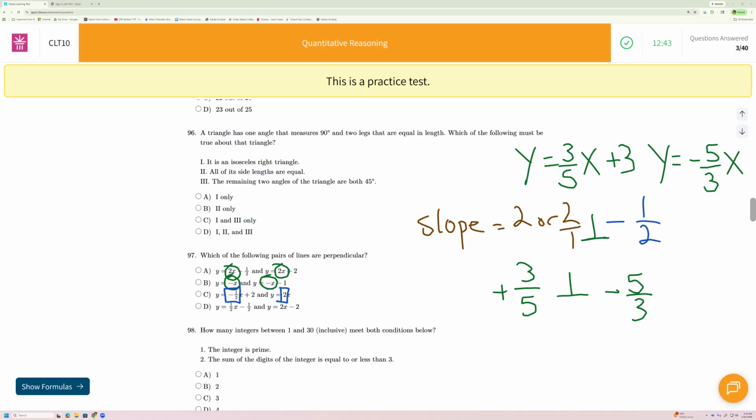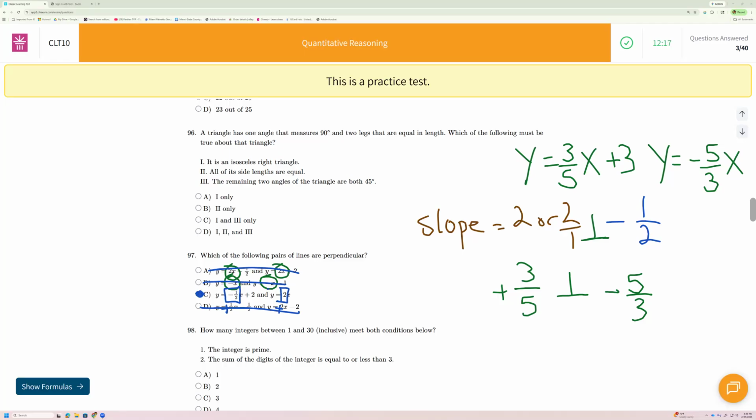All right, notice that the slope is the one number in front of the x after y equals. This is a half, but it's positive, and this is a positive. So two positive slopes are not going to be perpendicular lines. So we can cancel that. We can cancel those. My answer is C.